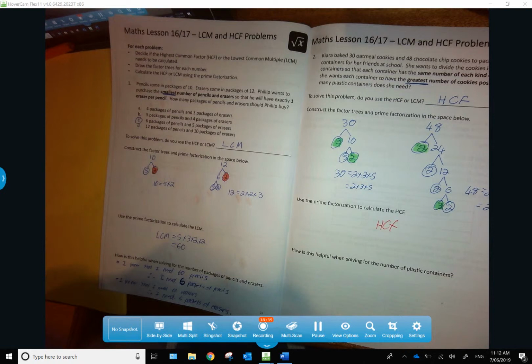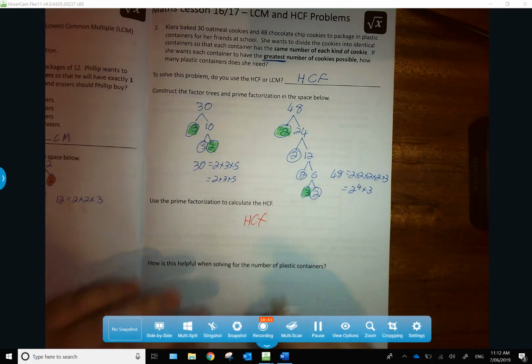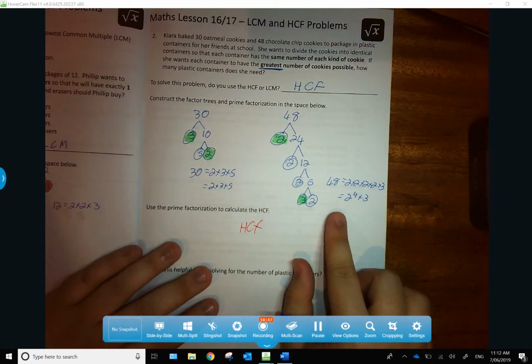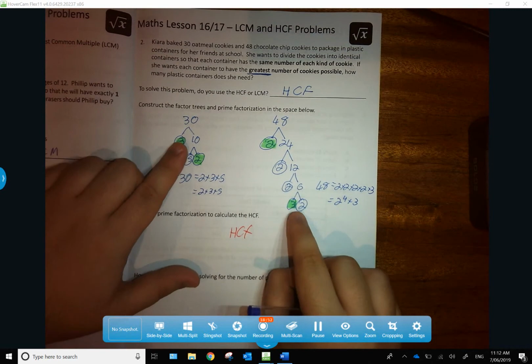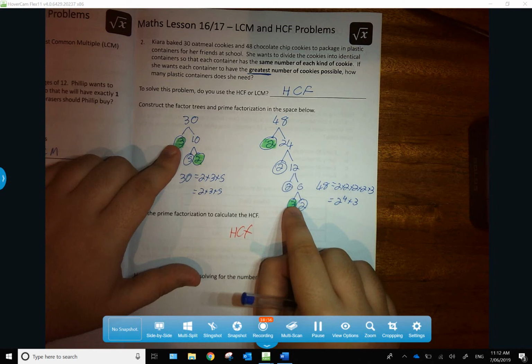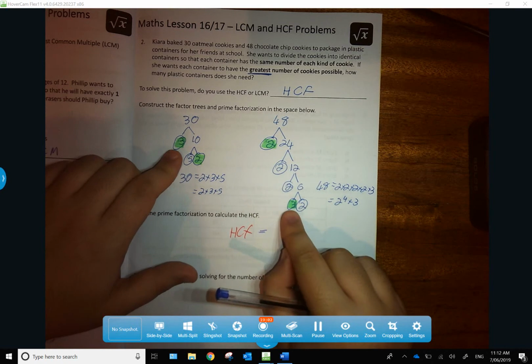This example I think we've done before. I'll just finish it up in case you haven't. This one you had to find the highest common factor. So remember, when you find the highest common factor, all you do is multiply the pairs that are the same. Okay? So I highlight all the pairs that are the same and then just multiply the pairs. So this is different to the LCM. What pair do I have there?